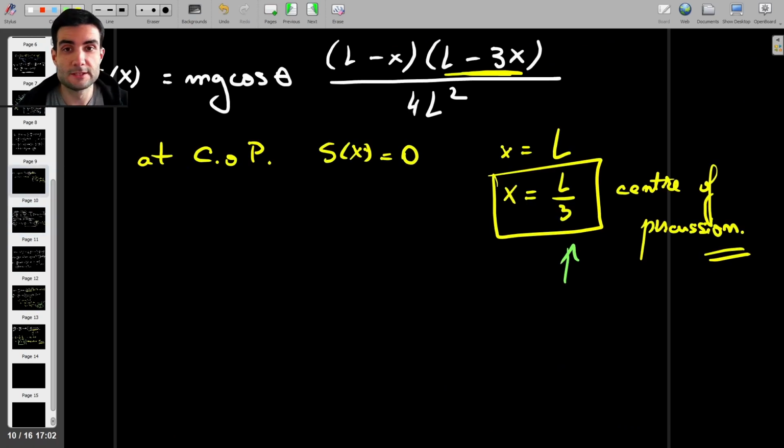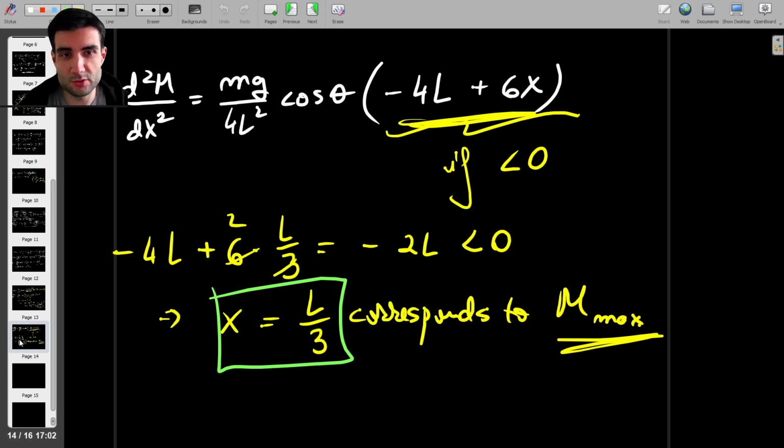Yes, this is it. This is where the shear force cancels. This is where, if you play tennis and you hit the tennis ball with the center of percussion of the racket, you're not going to feel the impact, which is pretty amazing, I think. And that's also the point where the bending moment is the maximum. And that's the end of the question.